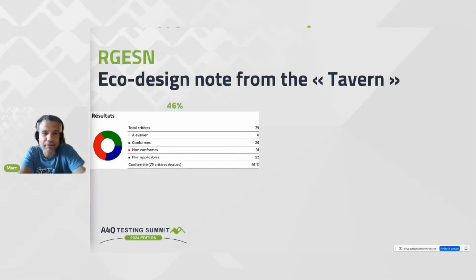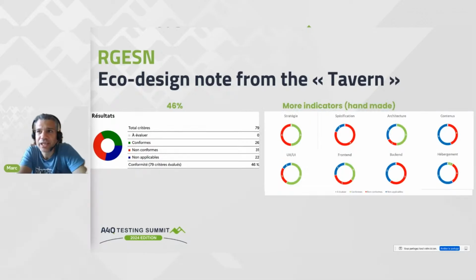It's because I did it before an evolution which arrived in June this year with the referential. And I had 46%. That is quite easy to do, but they don't provide many indicators. I did some work in order to have more indicators according to each topic: strategy, specification, architecture. So it's much more comprehensible like that.